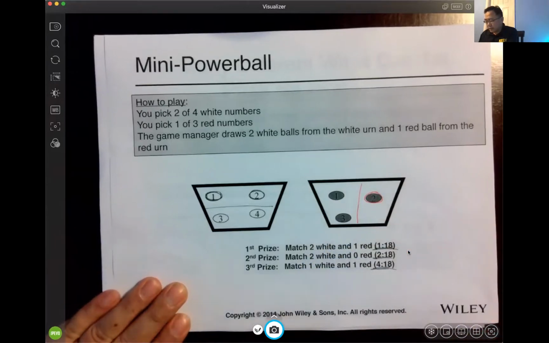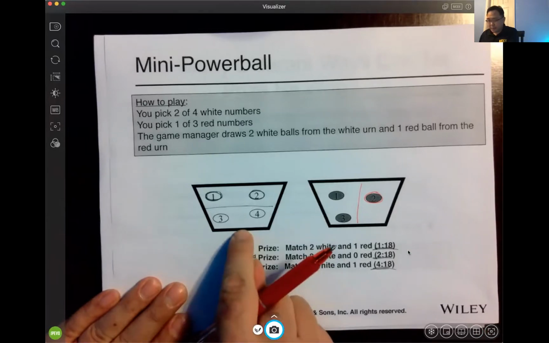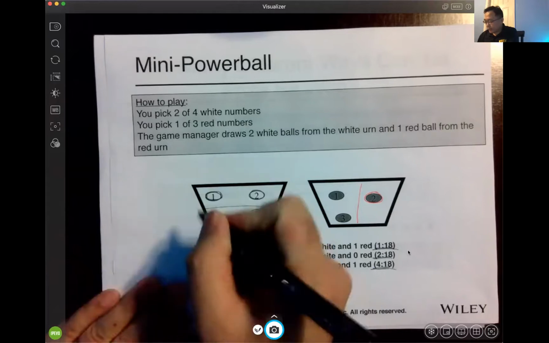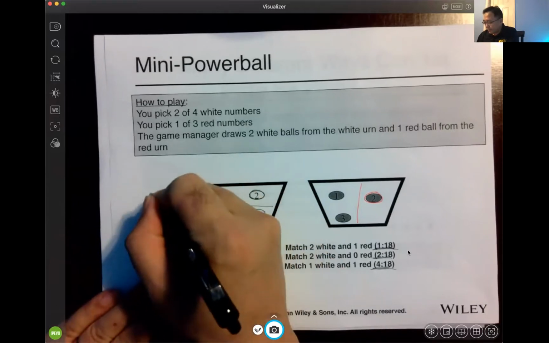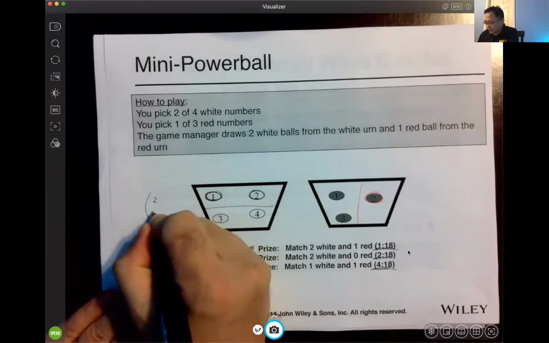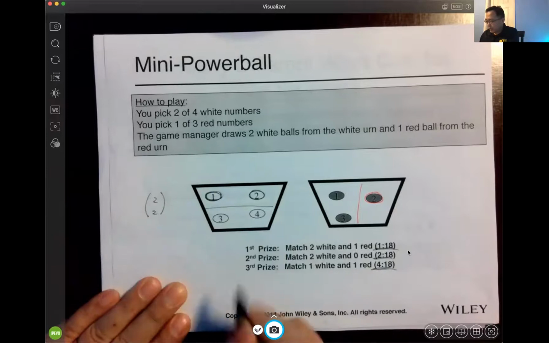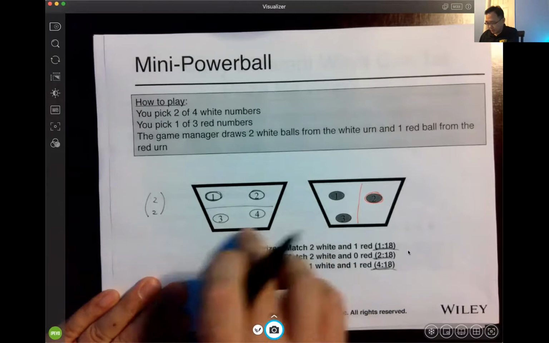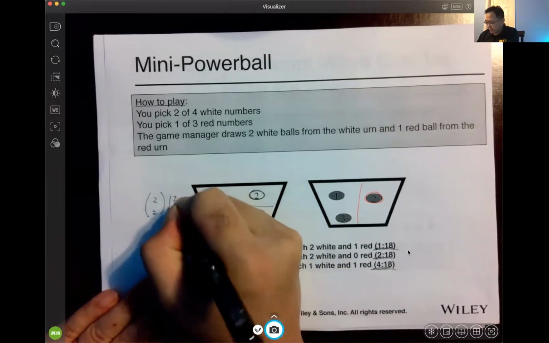So in order to get the first prize, the 2 white balls I draw from this urn must be these 2 lucky ones. So for the white balls, I have to choose from these 2, choose 2. And from these 2 unlucky balls, choose 0.